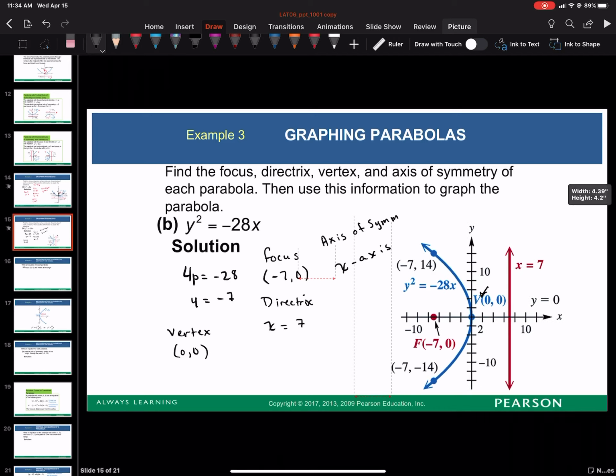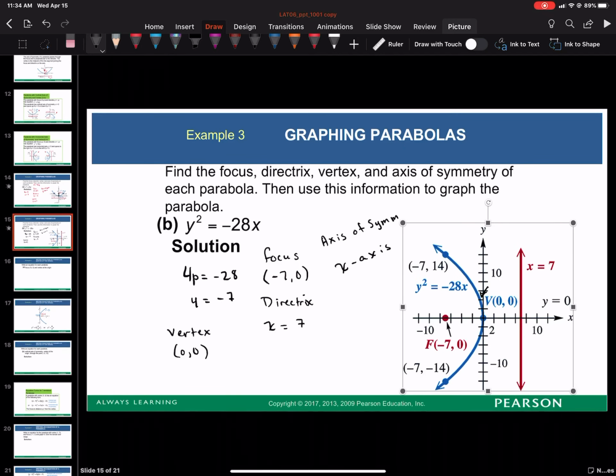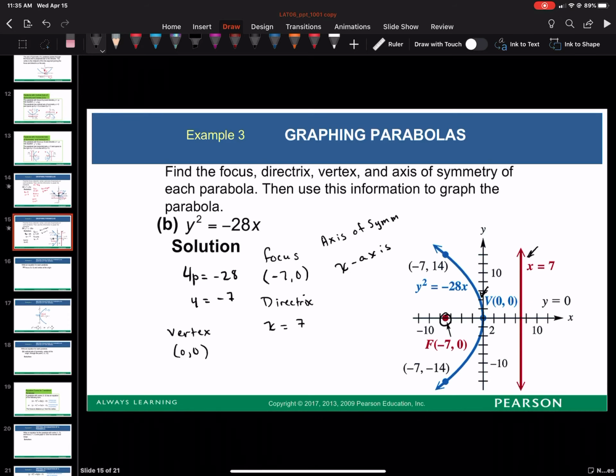All right, make this a little bit bigger so you can see it. So, as you see, we have our focus point, then we have our directrix, then we have 2 points. Now, if you notice, they're using the point in the directrix.